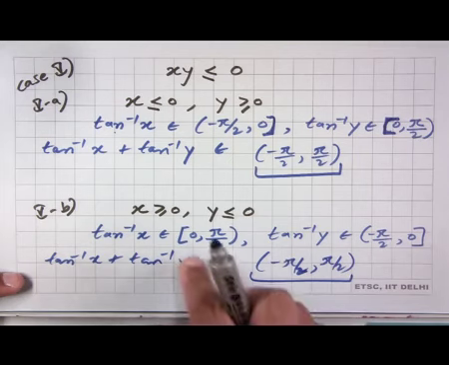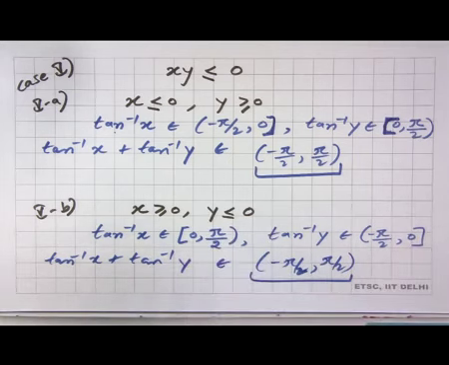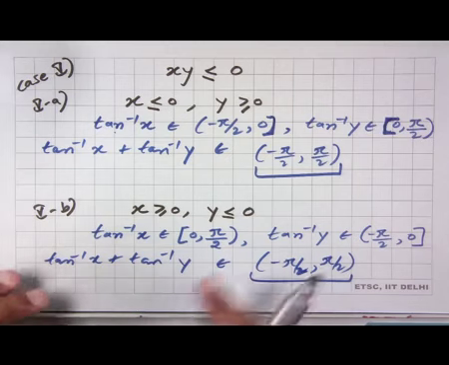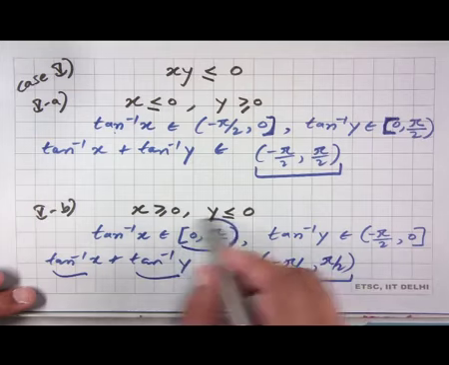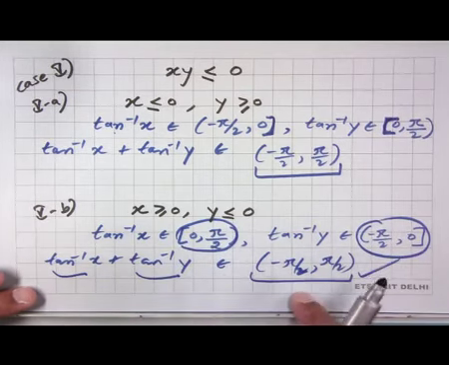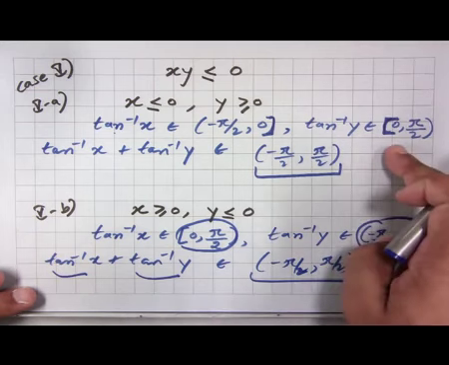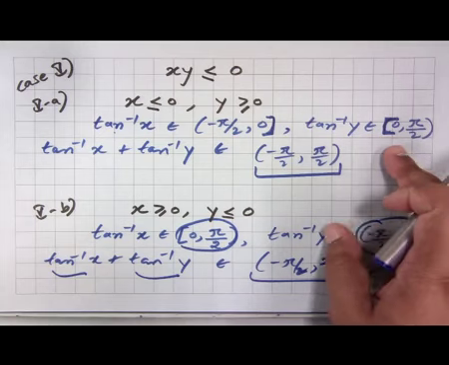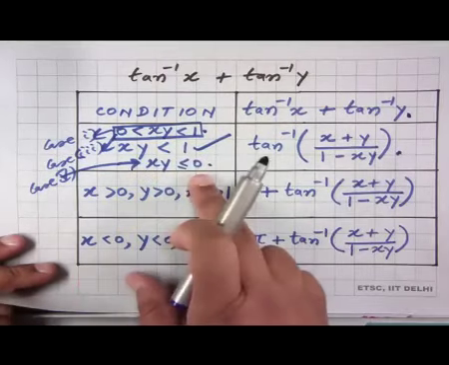That is because 0 to pi by 2 and minus pi by 2 to 0, when we add these two, we essentially take the union of this set with this set, and the union is precisely the range set of tan inverse. The same thing is happening in this case also. So essentially we have shown the first row here. This was case 5.